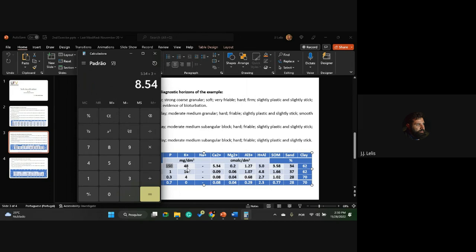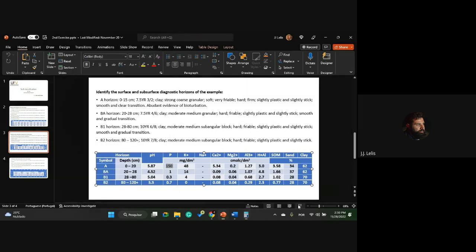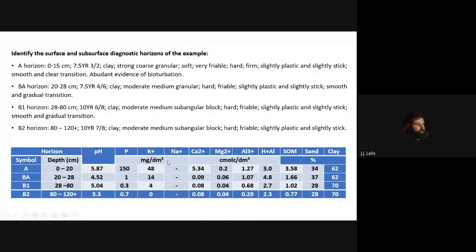We should pay attention that in this specific case, the potassium content has a different unit from the rest of these cations, so we should convert this content from milligrams per decimeter cubed to centimole charge per decimeter cubed.